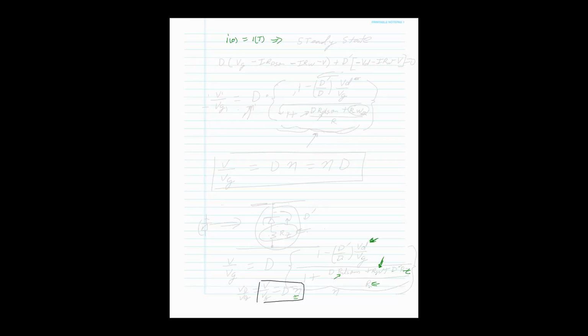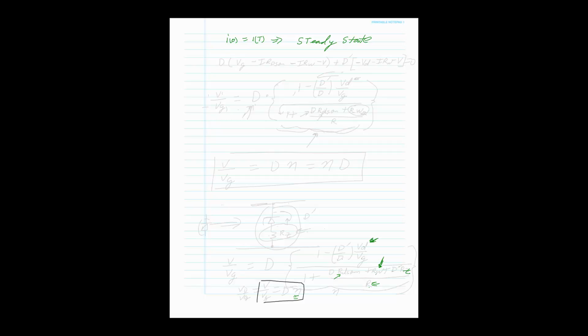That means that we're in steady state. If it's not, you just wait until it becomes steady state. That's the idea. You want a steady state. In steady state, you want to know what your output to input transfer function is with parasitics.